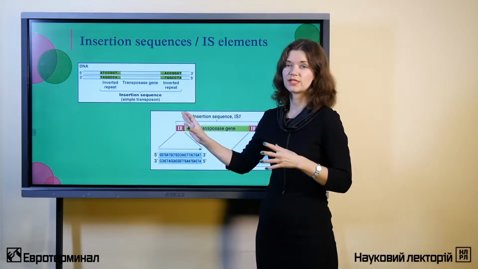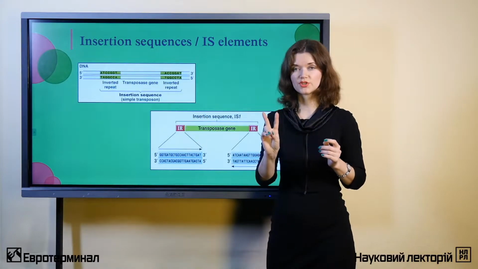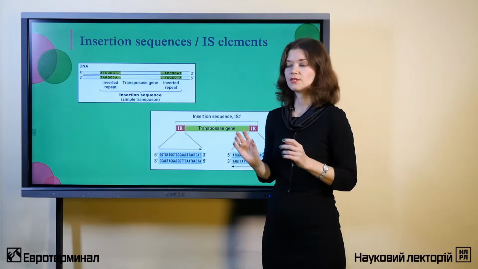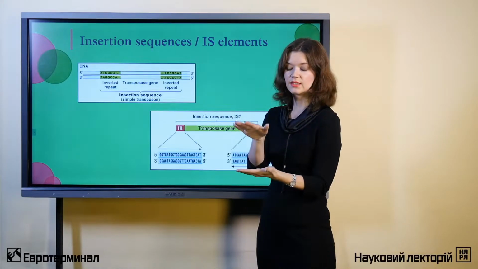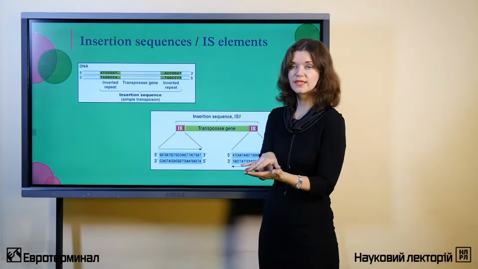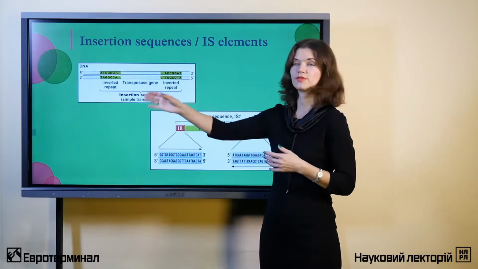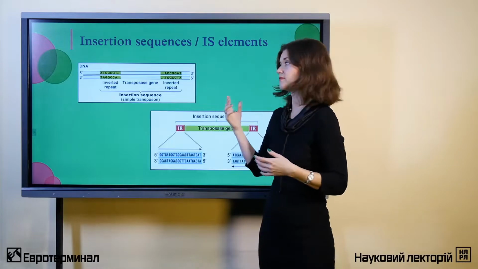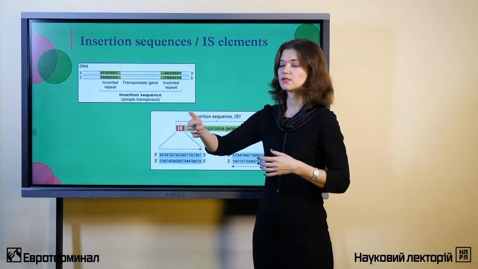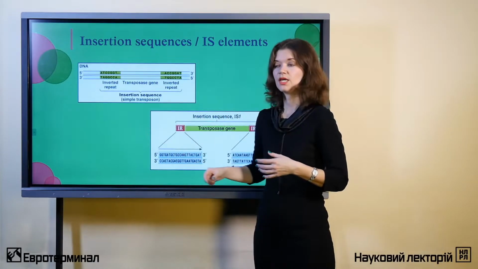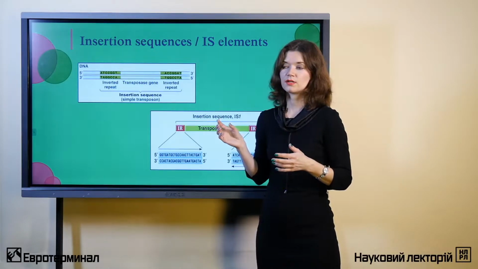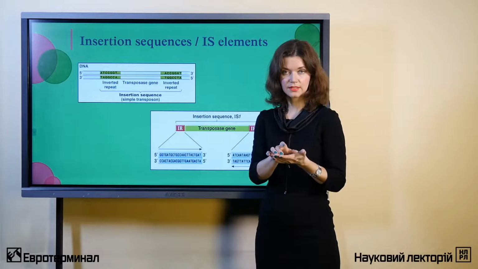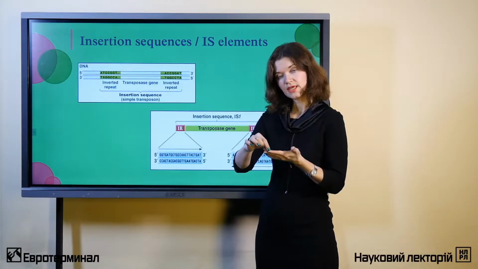Usually these mobile genetic elements use two strategies to move within the genome. The first one is when they build in, they stay for a while, and then they can leave and move to another place. So one copy of the mobile genetic element travels through the genome. The second variant is that it builds in and replicates its copy.